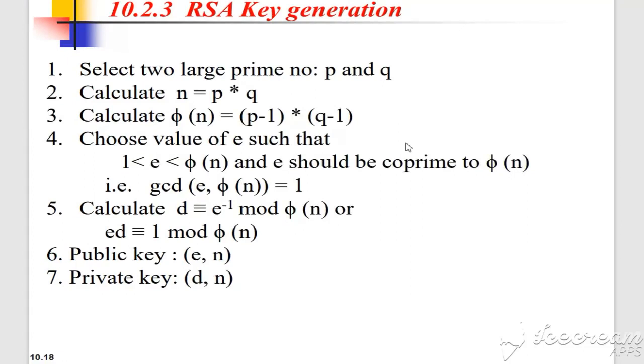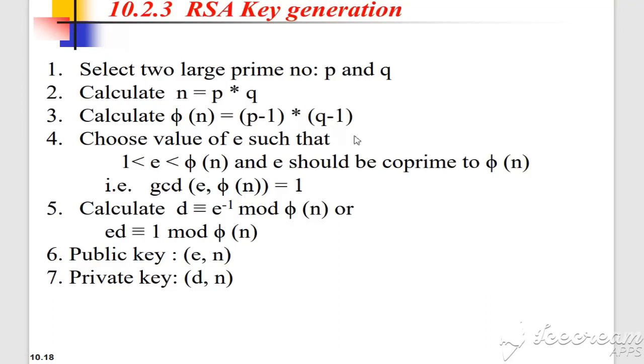There are some steps that are followed one by one. The first step is to select two large prime numbers, P and Q. They should be large enough, and there is a reason for that. After that we calculate N, the multiplication of both prime numbers P and Q. Then we calculate the totient value, phi n, that is P minus 1 times Q minus 1.